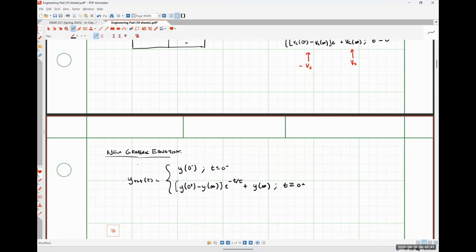So that y at infinity term is just going to be y at 0 plus minus 0, e to the negative t over tau plus 0. It is literally the exact same result that we got on Wednesday or Monday.